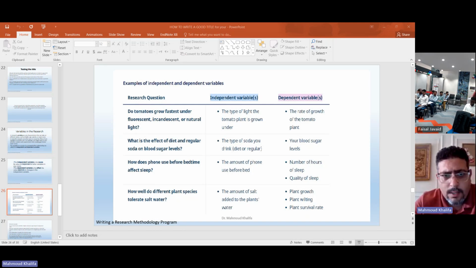There are other names for independent variables: explanatory variable, predictor variable, right-hand side variable. And other names for dependent variables: response, outcome, left-hand side variables.